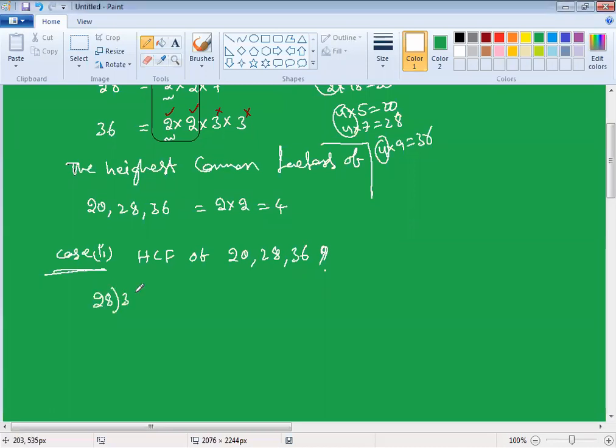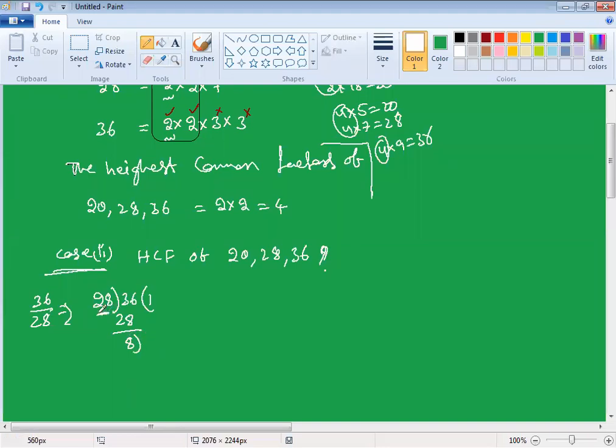So divide 36 by 28. Always big by small. 36 by 28 I am doing. See, 28 ones are 28, that is possible, except that it is not possible.